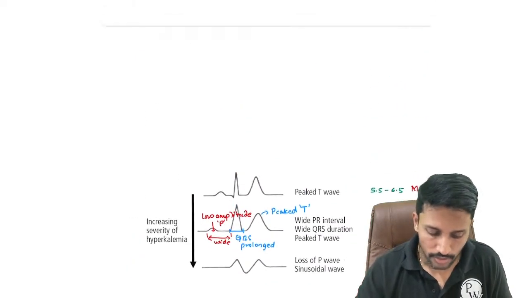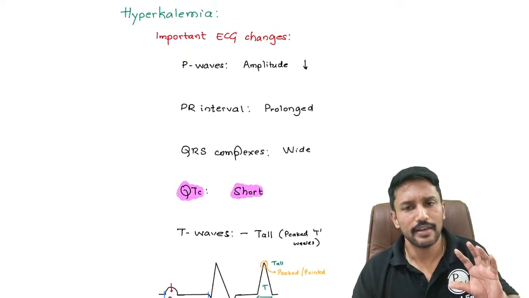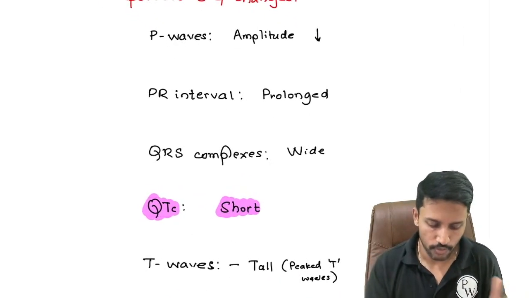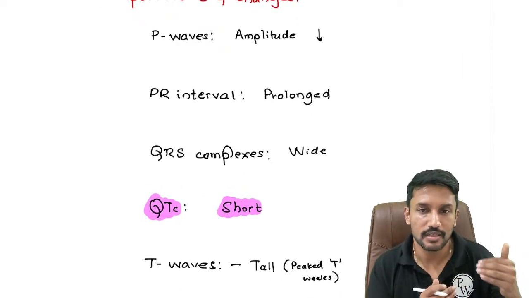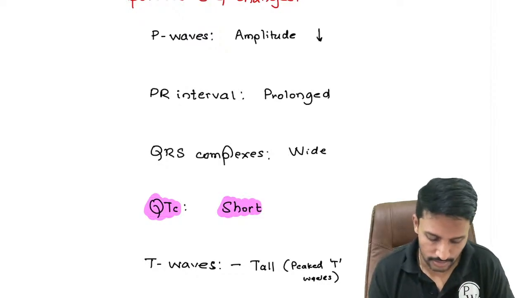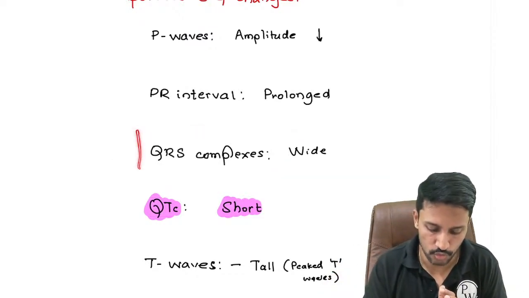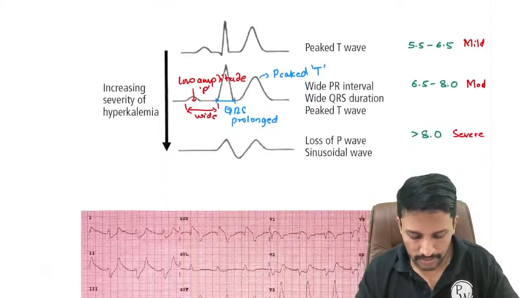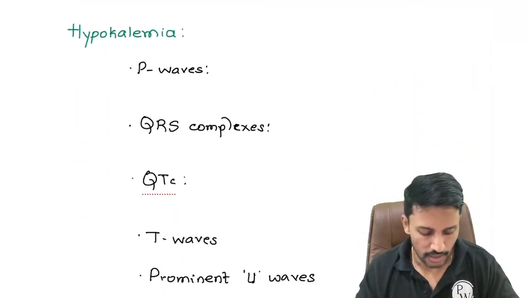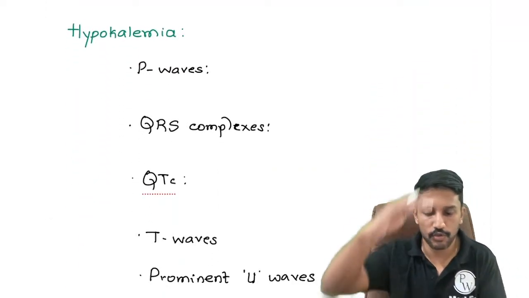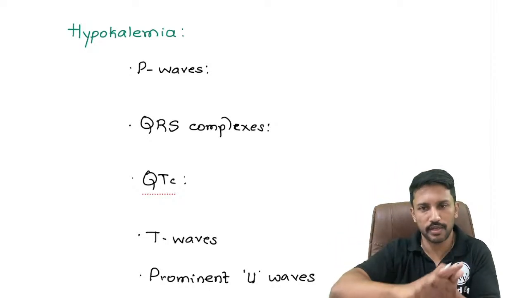Okay. Now what about hypokalemia? It is kind of opposite of it. Whatever we discussed for hyperkalemia, the opposite of it will be seen in hypokalemia, except one thing, that the QRS complexes become wide even in hypokalemia. That's the only thing that you should be aware of. So when potassium levels decrease, hyperkalemia was making the P wave small, small, small, eventually disappearing.